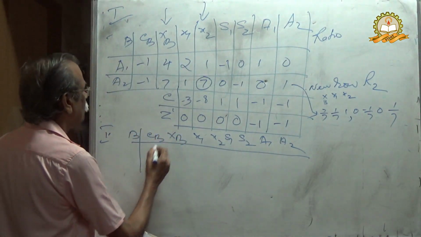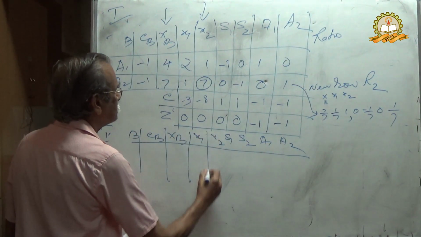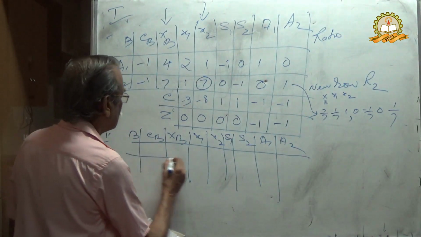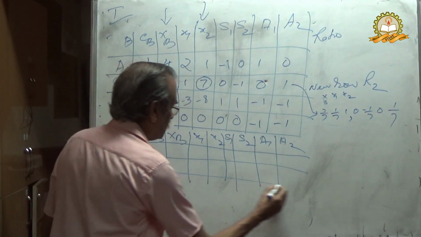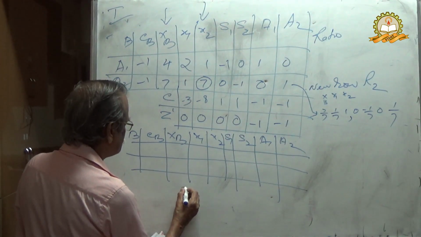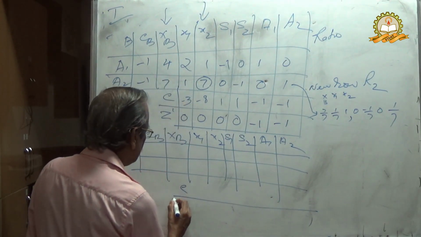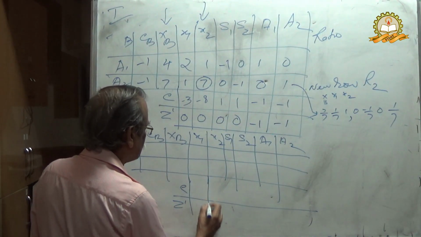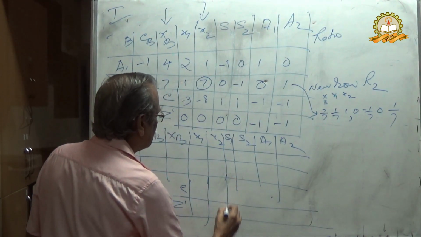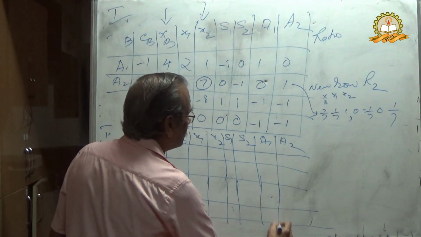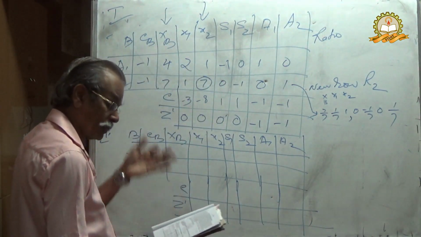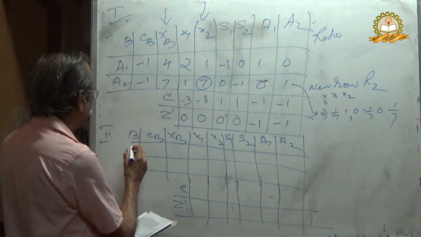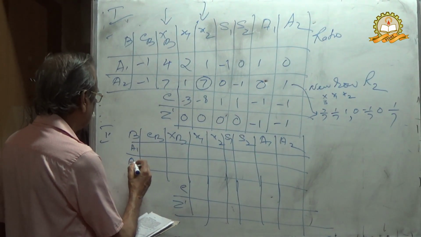Again, you have the second table, with C and Z dash, and here it is A1, A2.